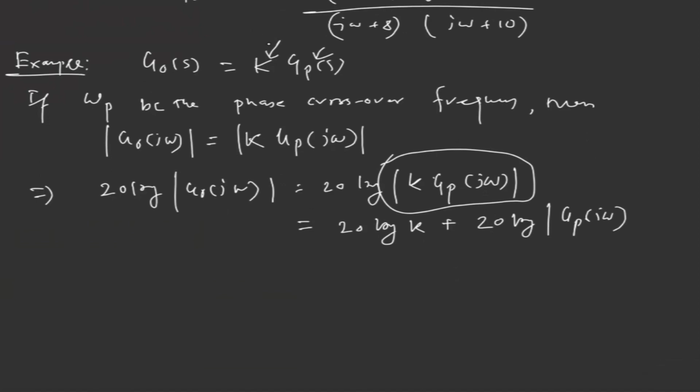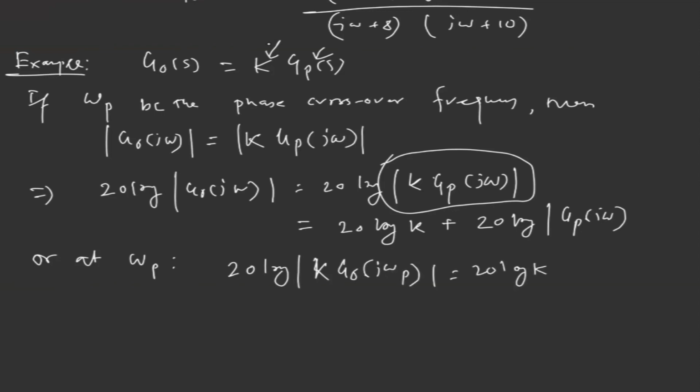And if you would like to solve the magnitude at the phase crossover frequency, omega p, we can write 20 log K G naught j omega p. We can write 20 log K plus 20 log G naught j omega p.